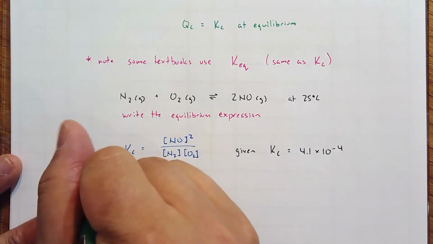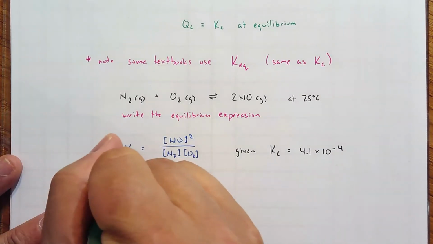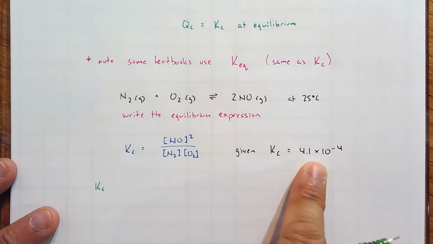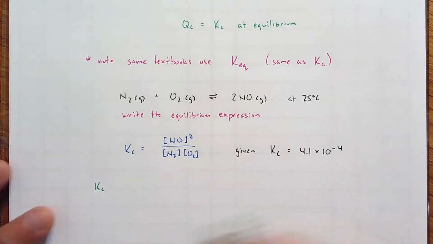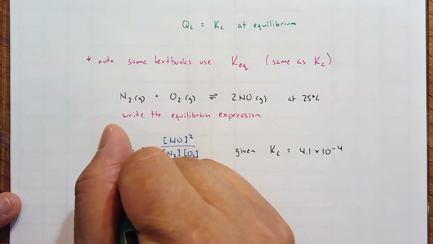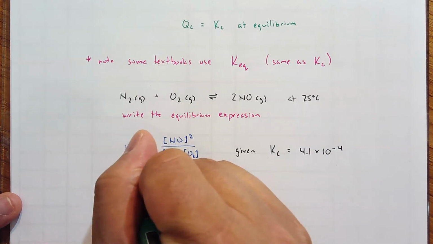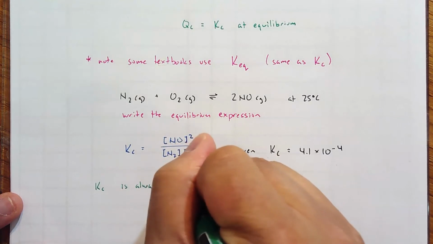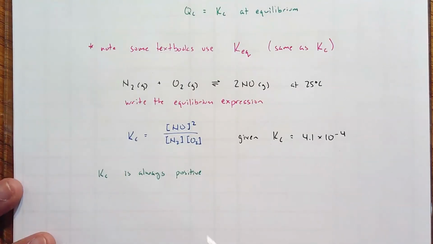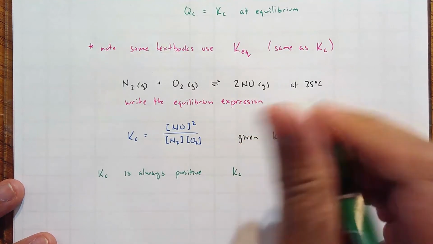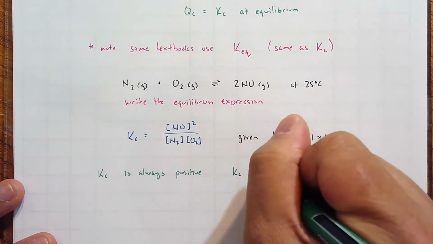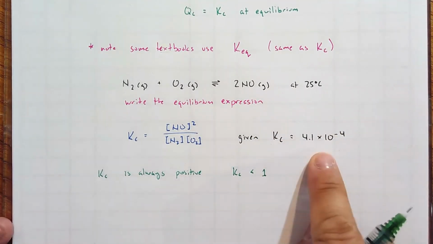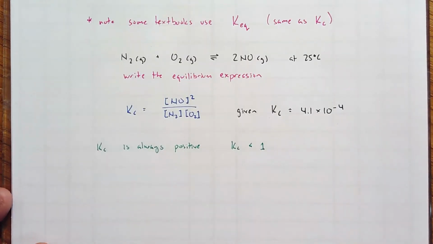Kc will always be positive. Okay, let's just say that off the bat. It's a ratio, positive. But if Kc is less than 1, which we do have here in this case, the reactants are favored.